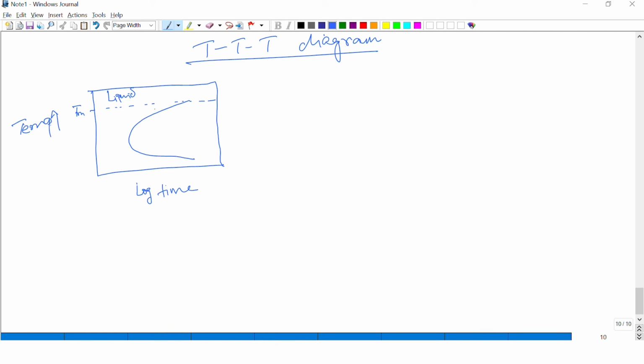So, this tells you that when you come to this curve at a particular temperature, the formation of the solid is going to start. Okay. So, this is the start curve.